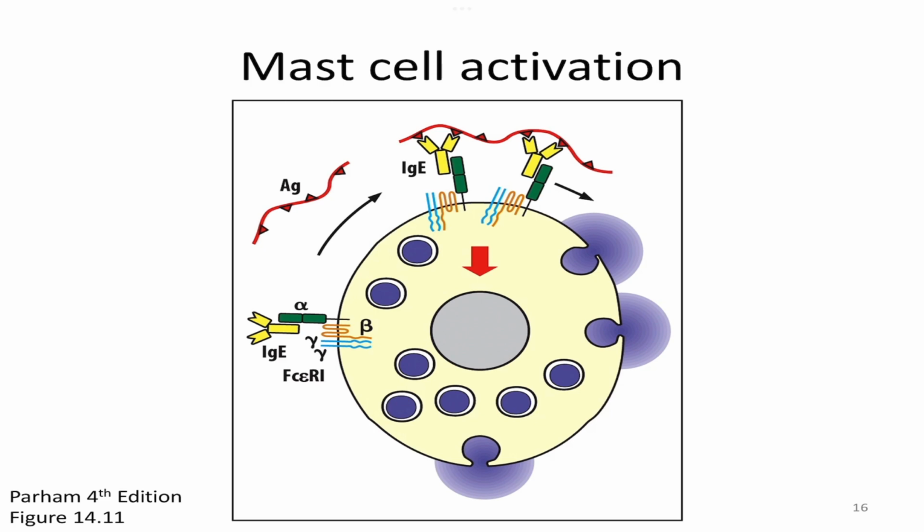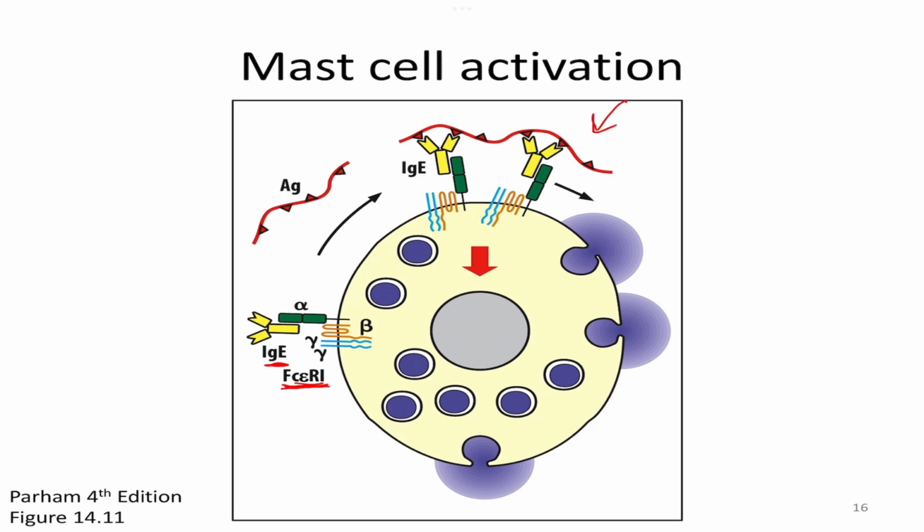Remember that mast cells all have these Fc receptors on their surface. Specifically, they are Fc epsilon receptors, which means that they bind to the Fc portion of the IgE antibody. So your mast cells are all coated with IgE bound to their Fc receptors. And if antigen comes along, it can bring two different Fc receptors with their bound IgE close together, as you can see here.